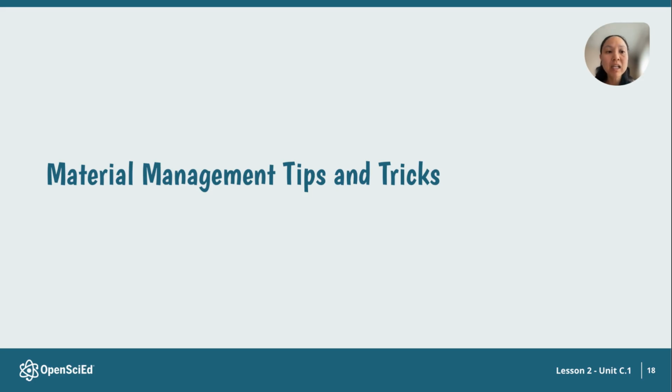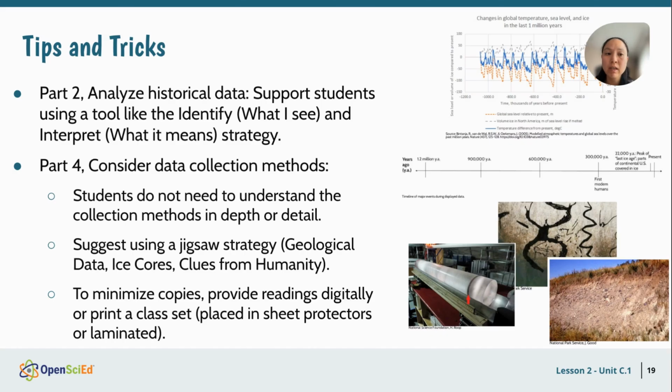Okay, let's talk a little bit about some strategies for this lesson. As I mentioned before, it's important to draw out the cyclic patterns and the correlations between the three measurements of historical data: sea level, global temperature in blue, and the gray line represents ice volume. So I would suggest using a strategy like what I see and what I mean to guide student analysis.